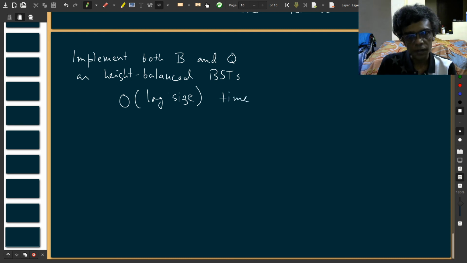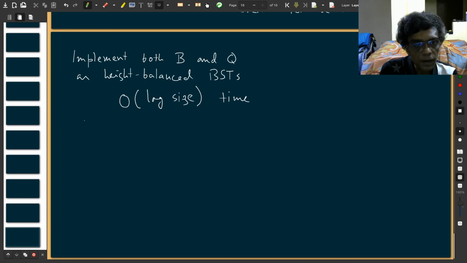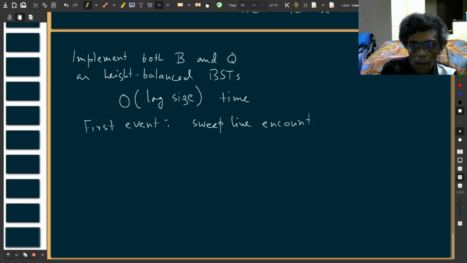So now let us see what the size is. The first event happens when the sweep line encounters the topmost site. If the topmost site is called P1, at this point we have one parabolic arc.